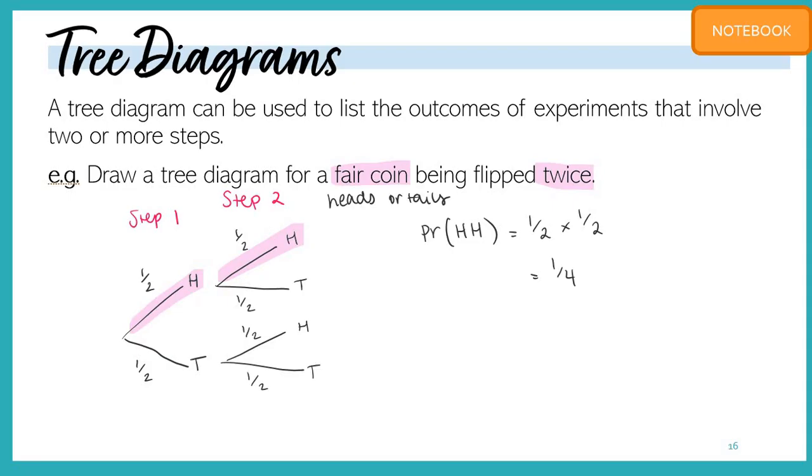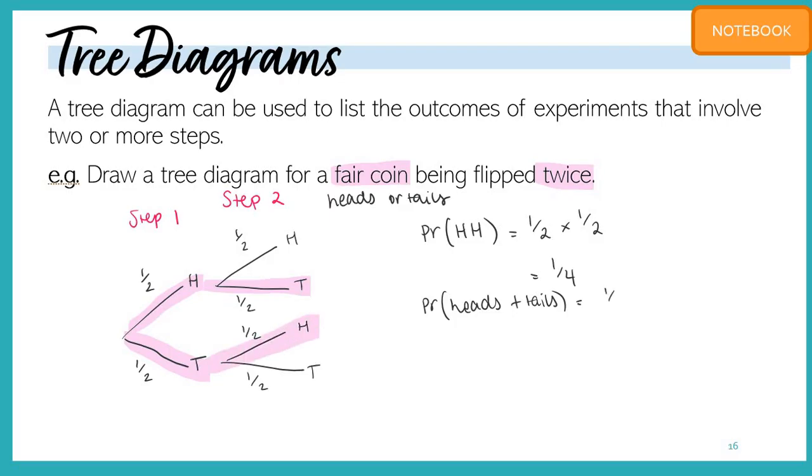And so those of you who have played that heads or tails coin game know that to get 2 heads is a 1 in 4 chance. Now let's say that instead we wanted to look at the probability of getting a heads and a tails, right? In any order. We're going to follow 2 sets of branches here. We're going to follow the heads to the tails, and then we're going to follow the tails to the heads, okay?